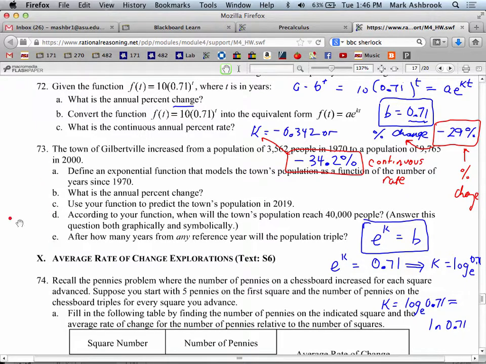So if I had a graph like this, and this is some population, and it's going down like this, so we know it's decay. This is 1, 2, 3.